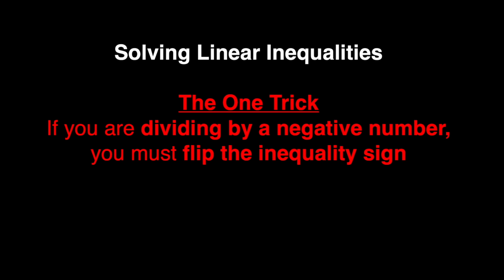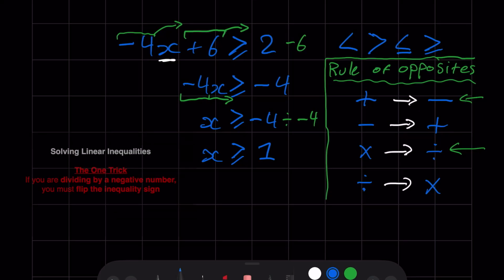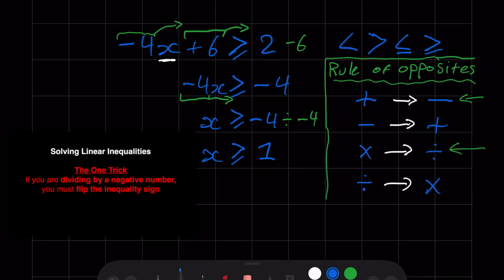If you are dividing by a negative number, you must flip the inequality sign. So looking back at this question, are we dividing by a negative number? We are. It's right here. So because of that, we need to flip this sign here.